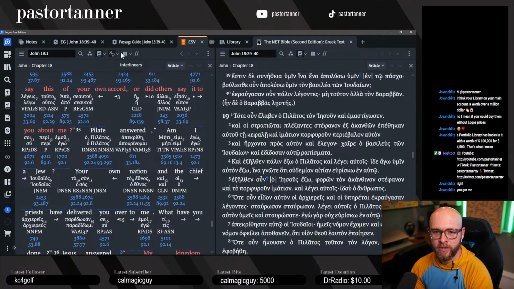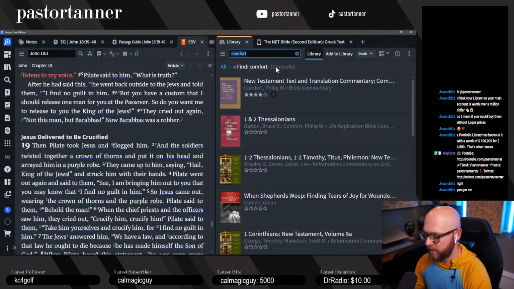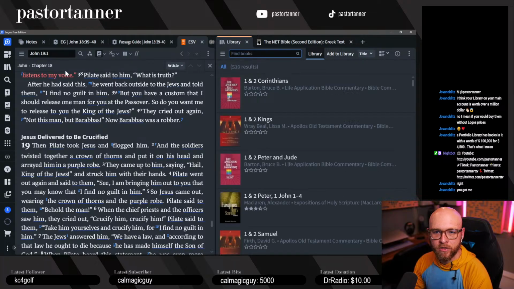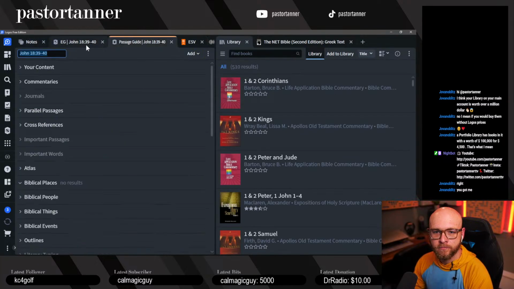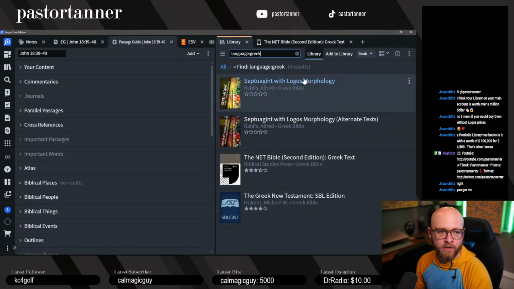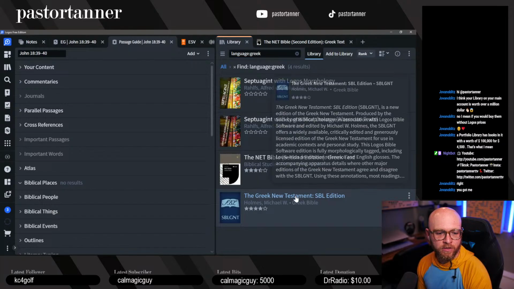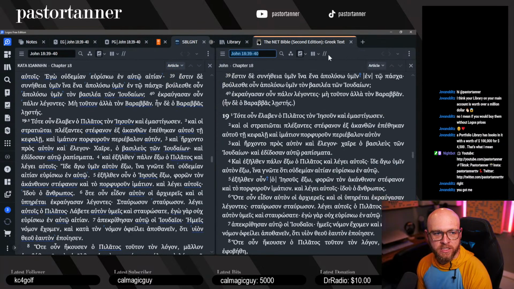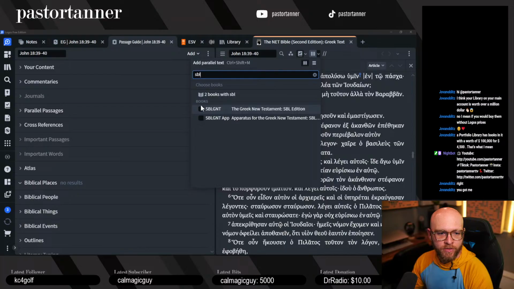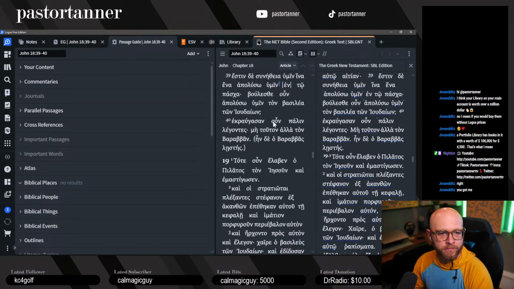And I've got reverse interlinear on, but I might be able to just go... No, that's not quite what I'm looking for. Let's try language Greek. So we've got our Septuagint, our NET. So we can look at our NET Greek. That's going to be helpful. And then we can look at our SBL. And we can just do these side by side. So actually what I'll do here is I'll throw the SBL on with our... And we'll look at these two. They should be relatively similar, right? So we're just looking at these two verses, okay?